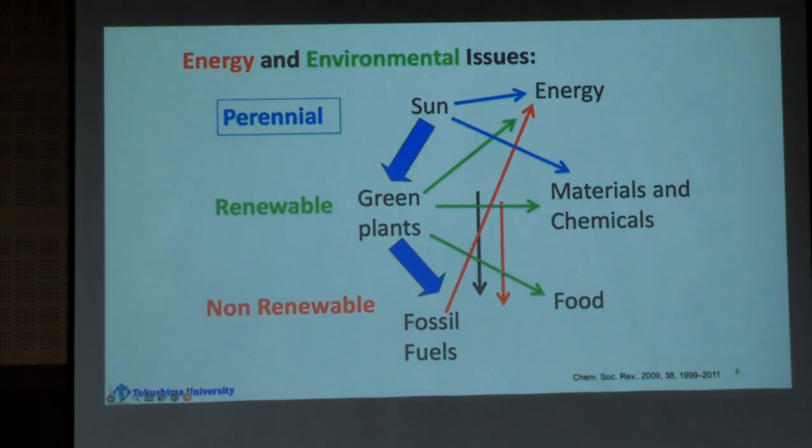So when we look for completely green sources, it means that it should not create any byproduct that can be harmful, that can create pollution, that can cause some problem to humans. So those sources are good sources for green energy application.